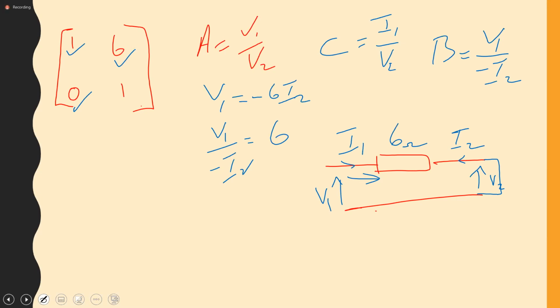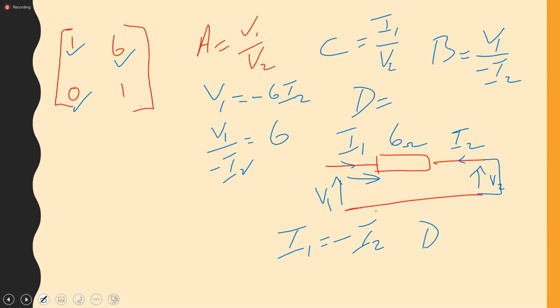Everybody with it? Yes, sir. With the short circuit in place, what's the relationship between I1 and I2? That's the same thing. So I1 is equal to minus I2. So D would be equal to 1 over 1.